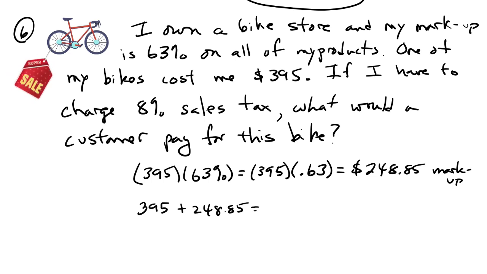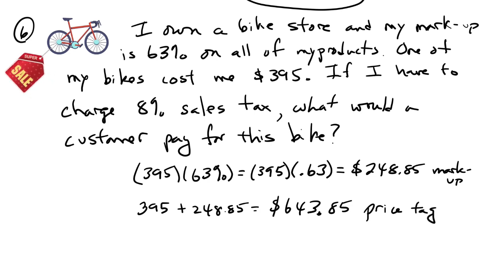And when I add that, I get $643.85. This is the price tag. This is what I put on the bike when I take it out and put it on the sales floor.